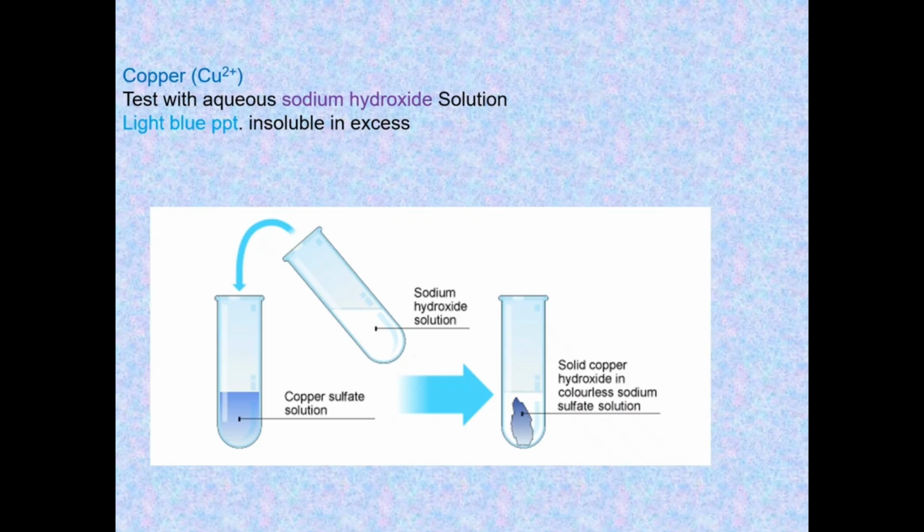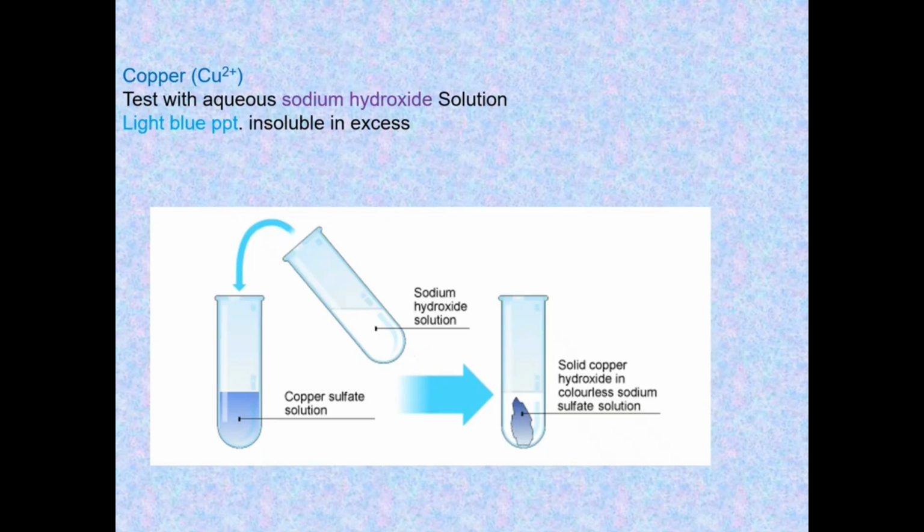For the copper ions, if you test using sodium hydroxide solution, it forms a light blue precipitate even if you add excess sodium hydroxide. It's insoluble in excess, but it forms a distinct color which we refer to as light blue.